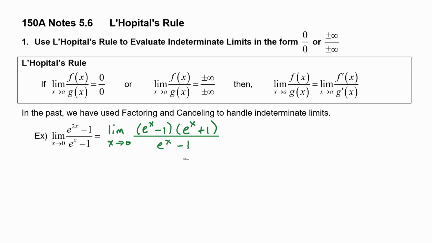We can cancel these two factors, so this becomes the limit as x approaches 0 of e to the x plus 1. Now, when we plug in x equals 0, we know that e to the 0 is equal to 1, and then add 1, and this limit is equal to 2.